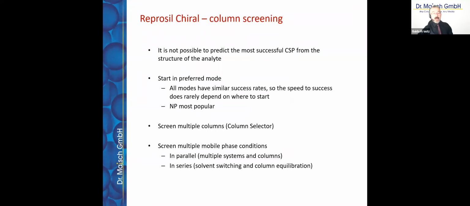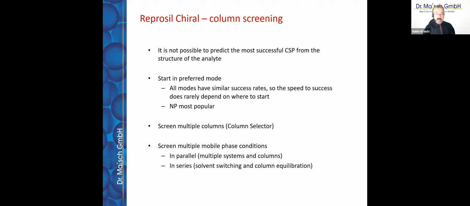So how do you develop now a method to separate chiral molecules? Unfortunately, it's not possible to predict selectivity of a chiral stationary phase from the structure of the analyte. So at the end of the day, it's trial and error.